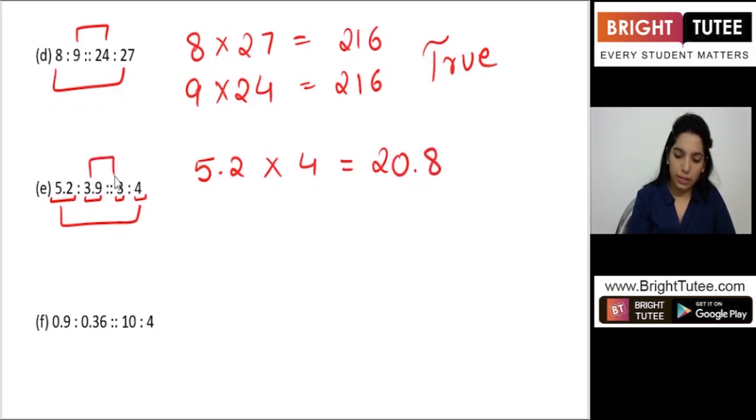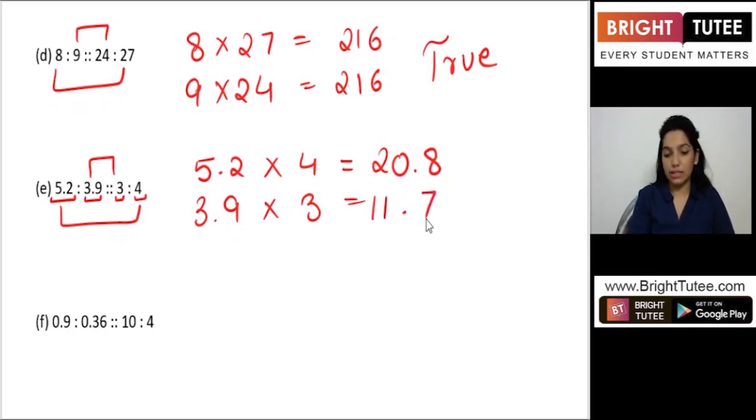And when we find the product of the means, that is 3.9 times 3, we get 11.7. We can clearly see that the two numbers are not the same. So the statement is false because the ratios are not in proportion.